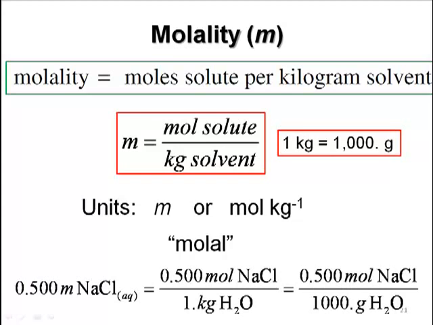So, sample problem here, if you had 0.5 molal sodium chloride solution, that's equal to 0.5 over 1 kilogram of water, which is also equal to 0.500 over 1,000 grams of water. So these here obviously can be used to help you convert from molal to moles or to grams, or backwards.